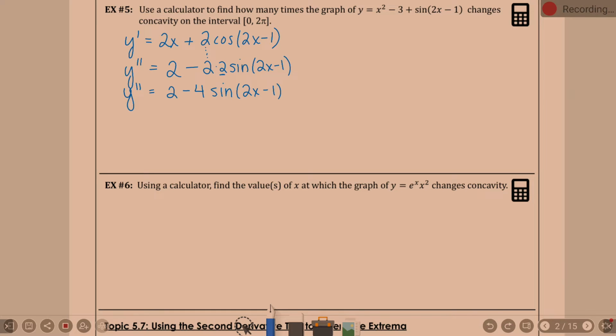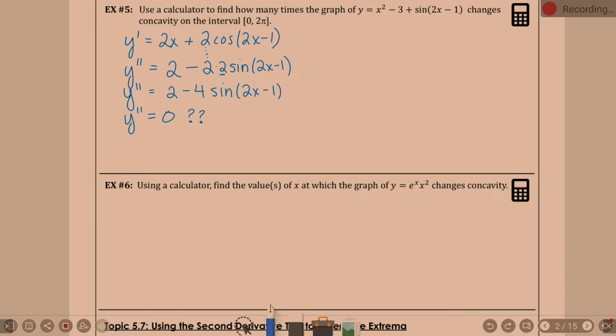Okay, so how do we figure out where this changes concavity? How do we find those points? We usually talk about setting this equal to 0, yes? So the idea is we want to know, when does my second derivative equal 0? Now, it said use a calculator, right?